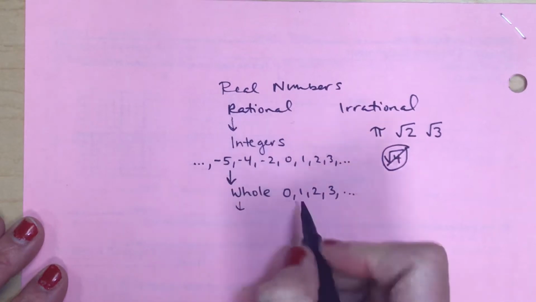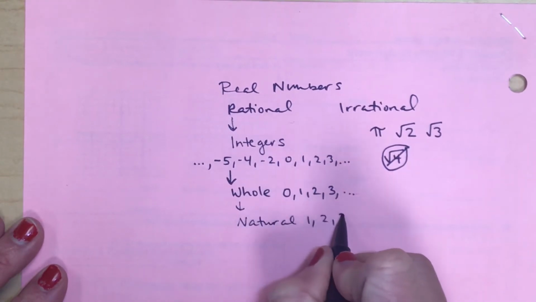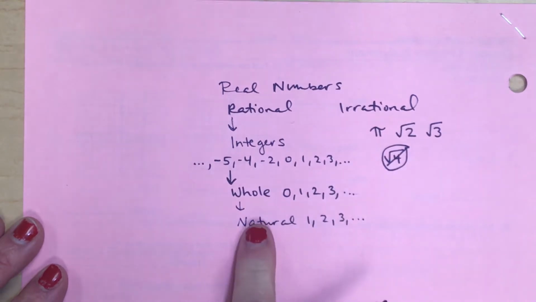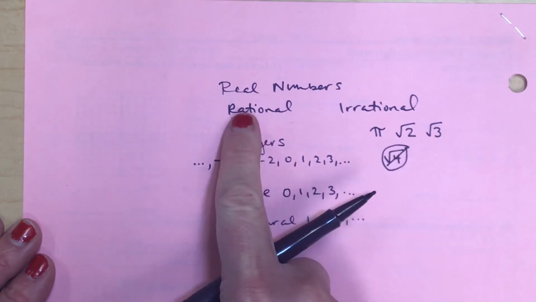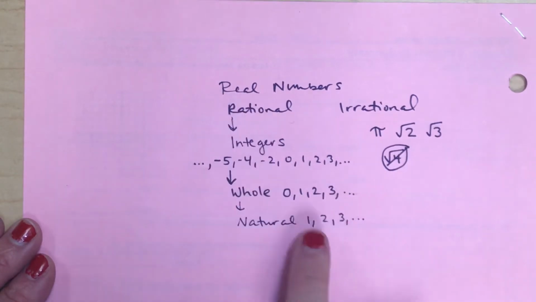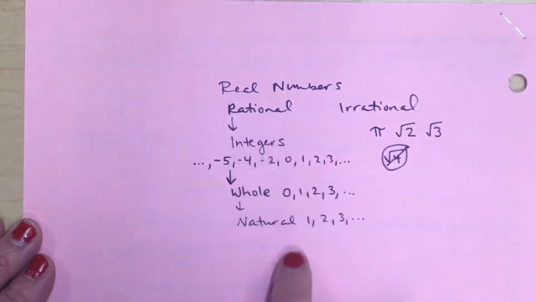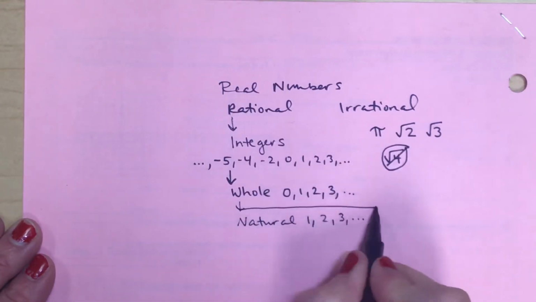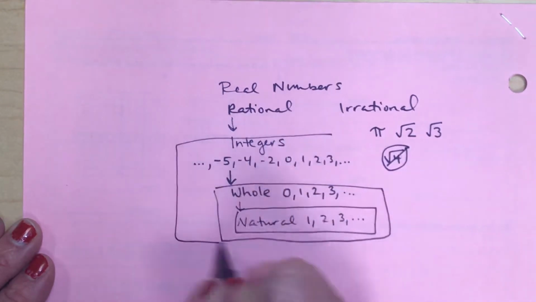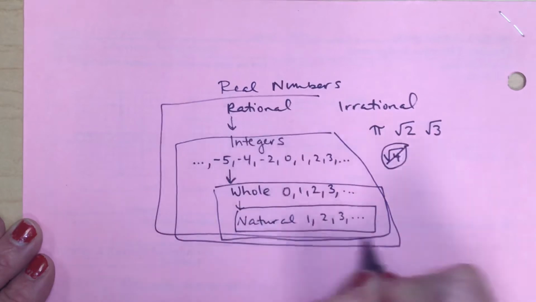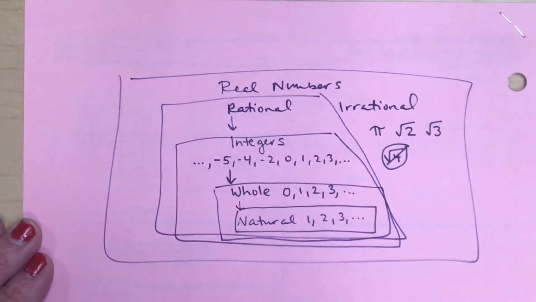And then within whole, there's a subgroup called natural, which starts at 1 and strictly goes up. So natural is a part of whole, and whole is a part of integers, and integers are a part of rational, and rational are part of reals. If you classify a number as natural, you have to classify it as all the other groups that it belongs within, because this is a subgroup of whole, which is a subgroup of integers, which is a subgroup of rational. Hopefully that makes sense. And then both rational and irrational fit into real.